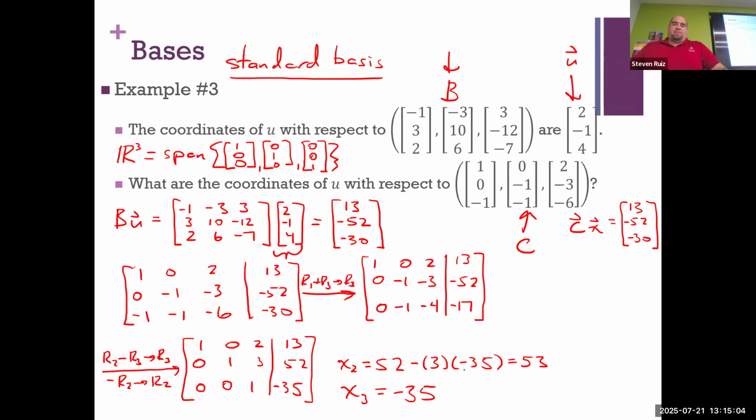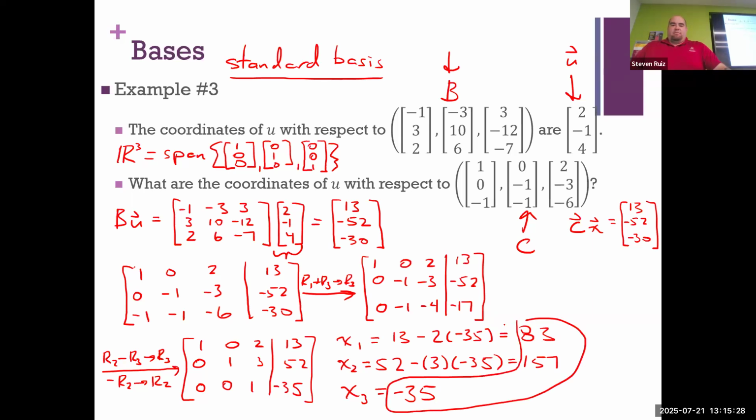I think 3 times 35 is 105. No, I'm way off. 157. Okay. And then x1 is equal to 13 minus 2 times -35. 70 plus 13 is 83. So I believe that is our translated set of coordinates, unless I did something wrong, which is absolutely possible.